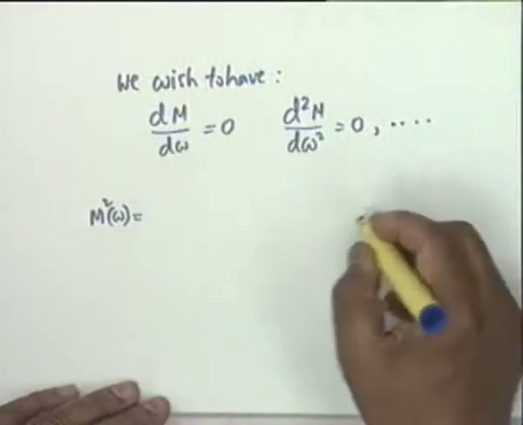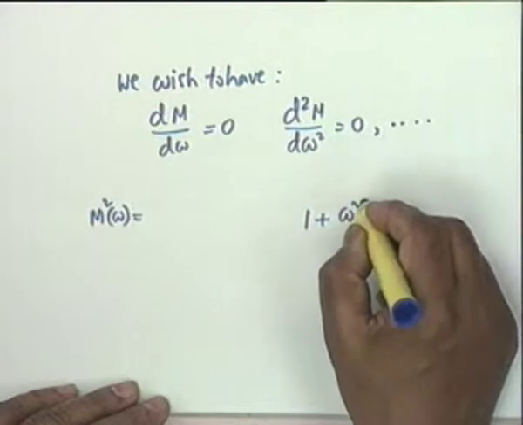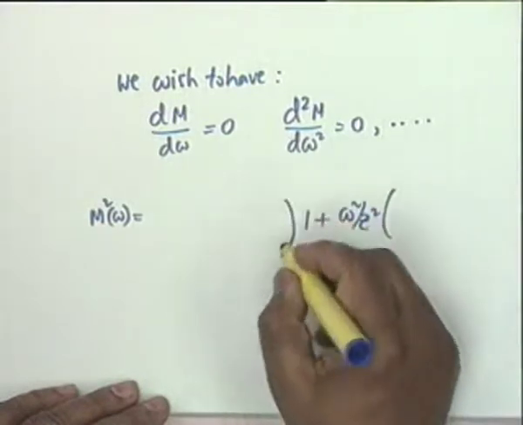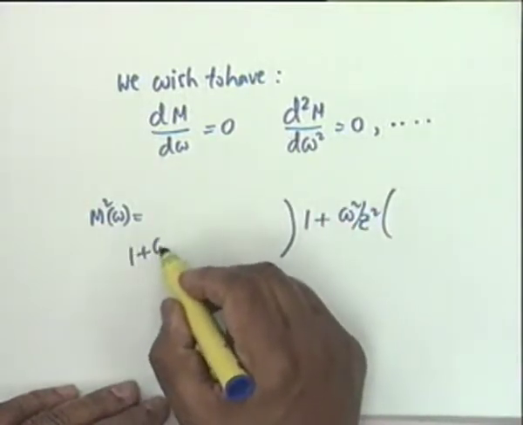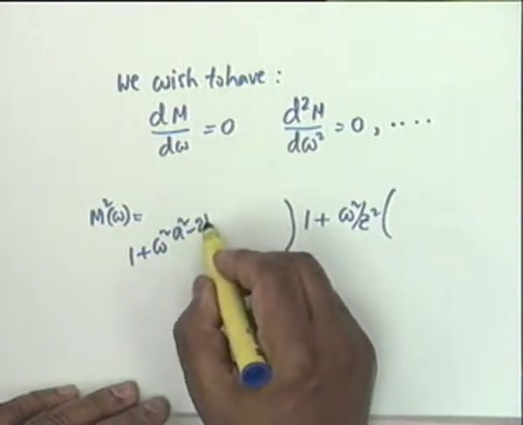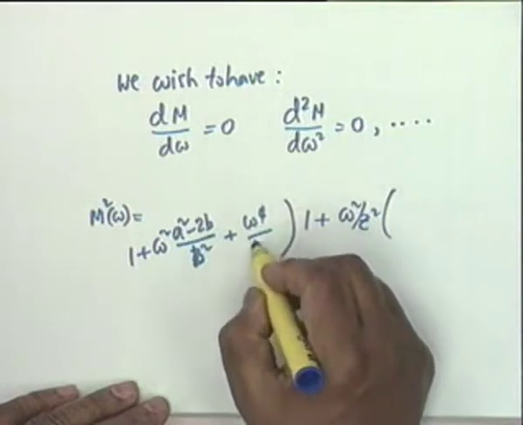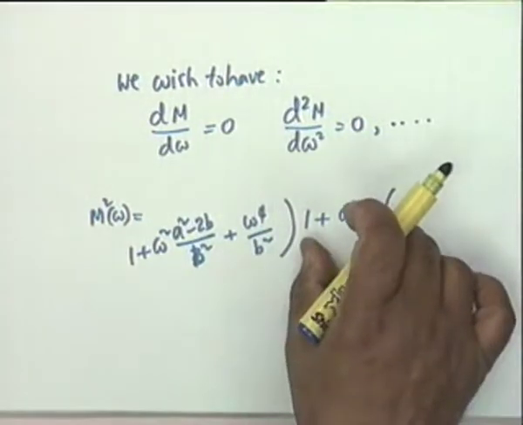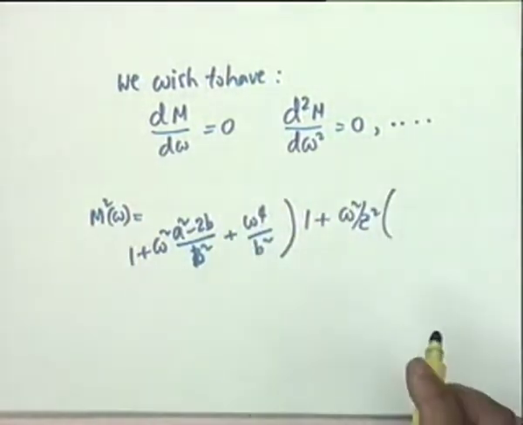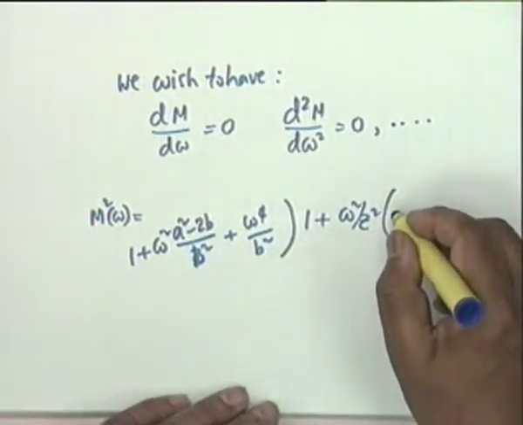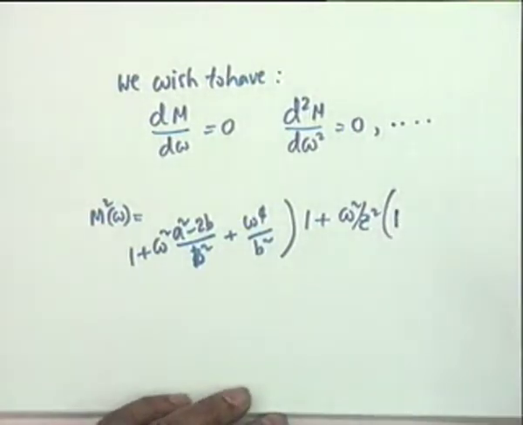That means what you do is you divide 1 plus omega squared by z squared by 1 plus omega squared (a squared minus 2b) divided by b squared plus omega 4 by b squared. Divide the numerator by the denominator. Make a long division. And naturally the quotient would be an infinite series. Isn't that right?